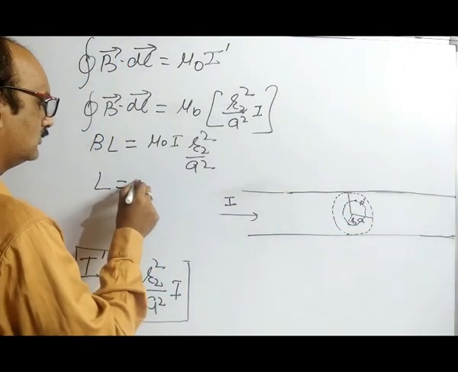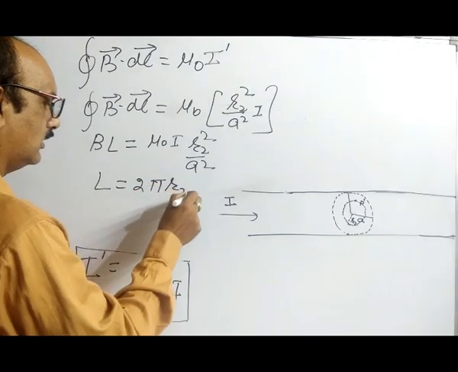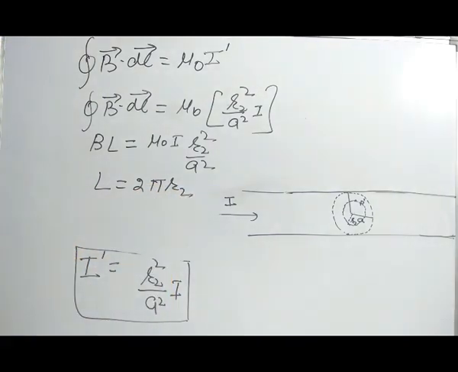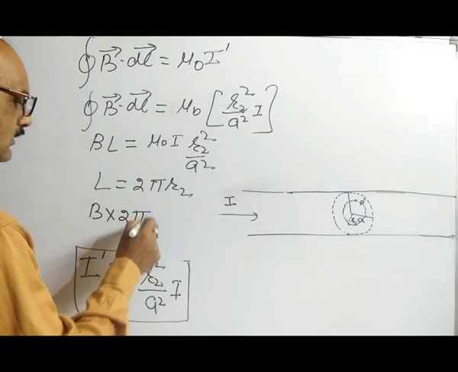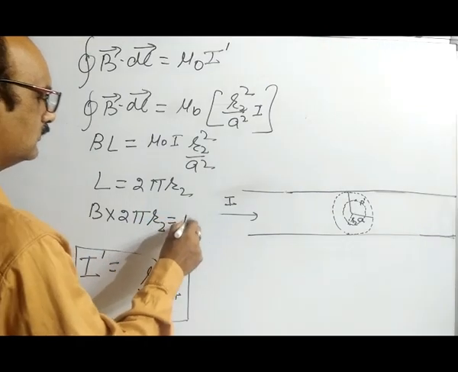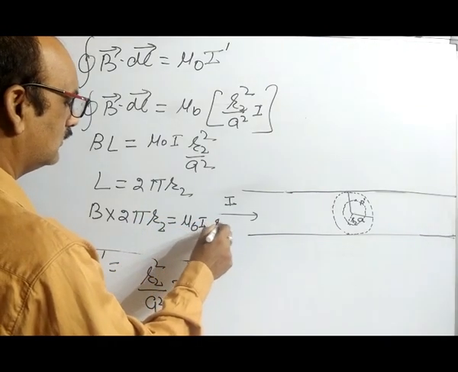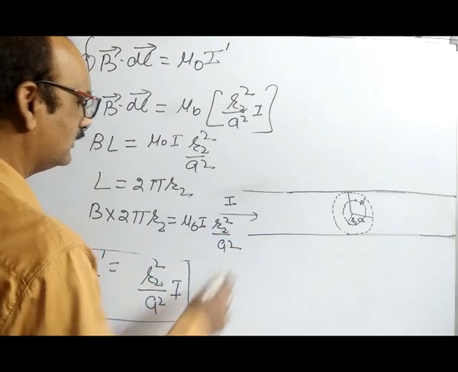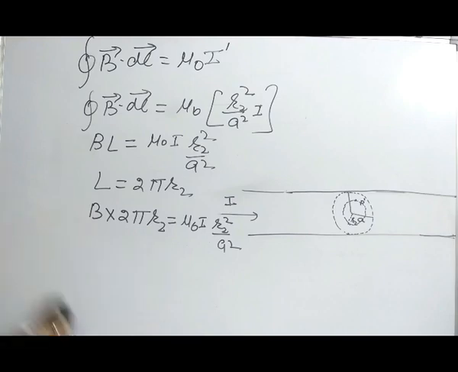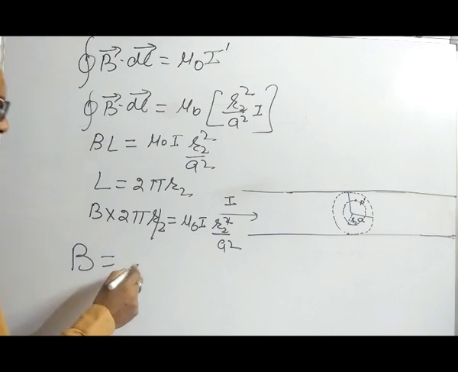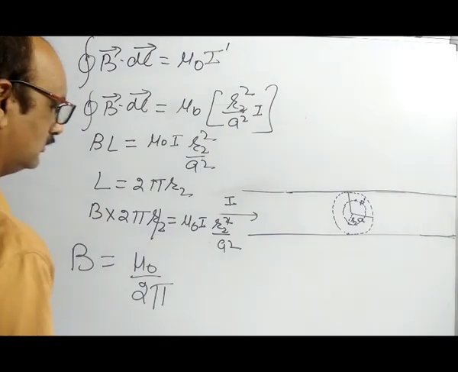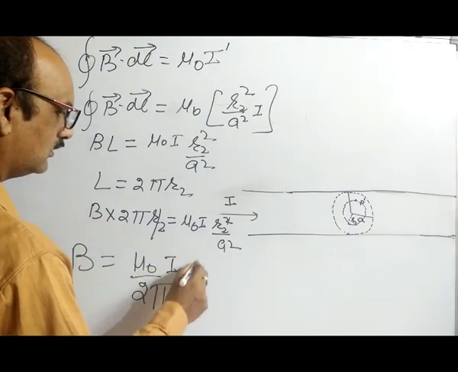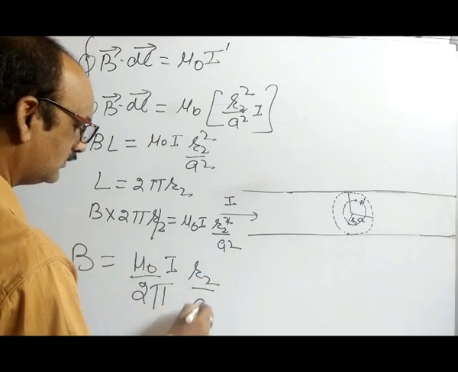L equal to 2 pi r2. That is B into 2 pi r2 equal to mu naught I r2 square divided by a square. Cancel out this and this. What you will get? B equal to mu naught upon 2 pi, I, r2 by a square.